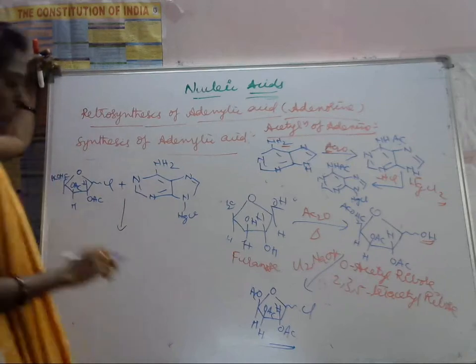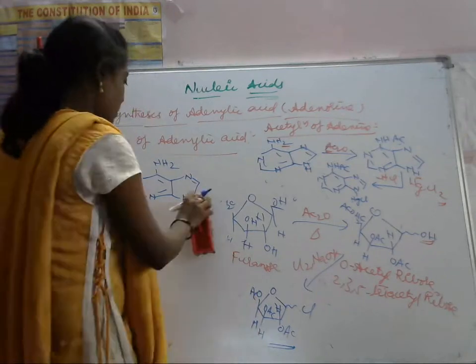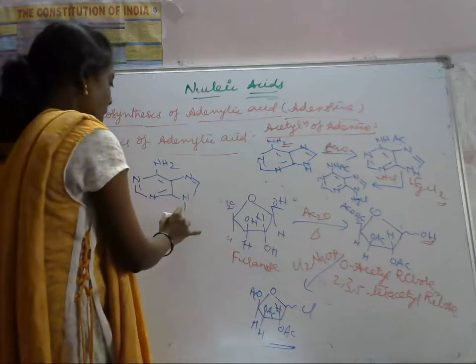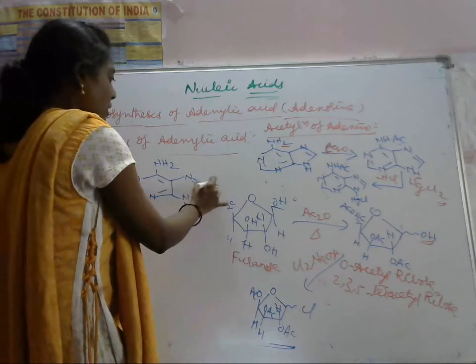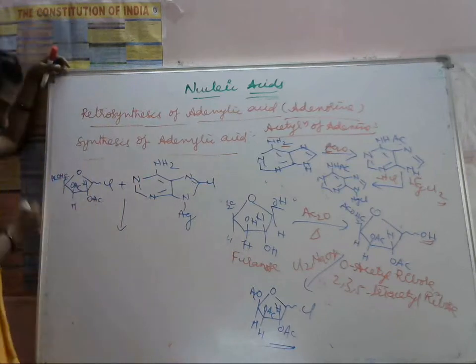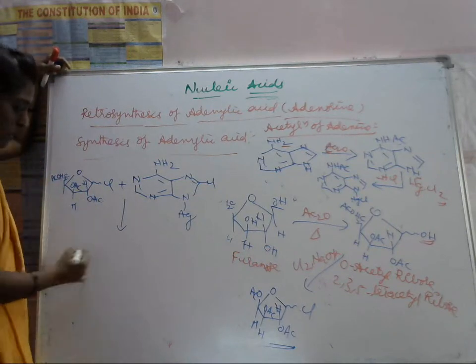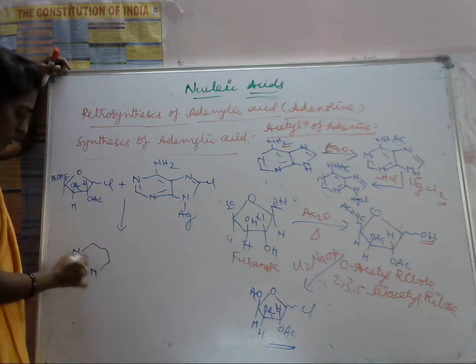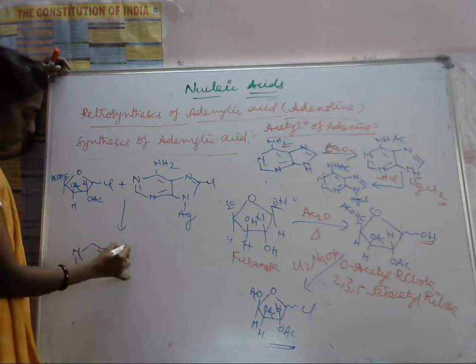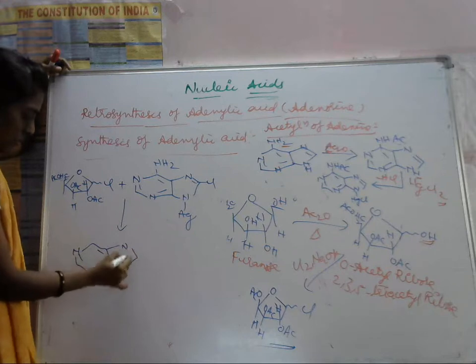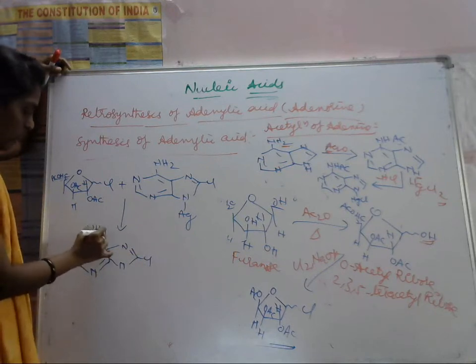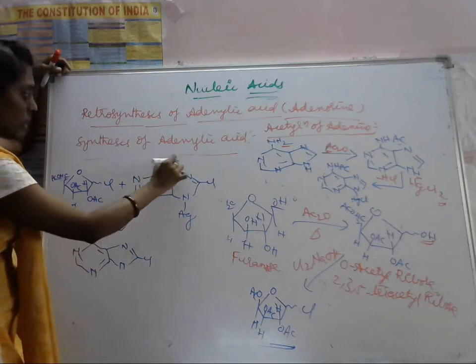A small change will be there. We have to replace this HgCl with Ag and here Cl. Let's see how it will be formed. Here Cl will be there, NHAc, Ac here.